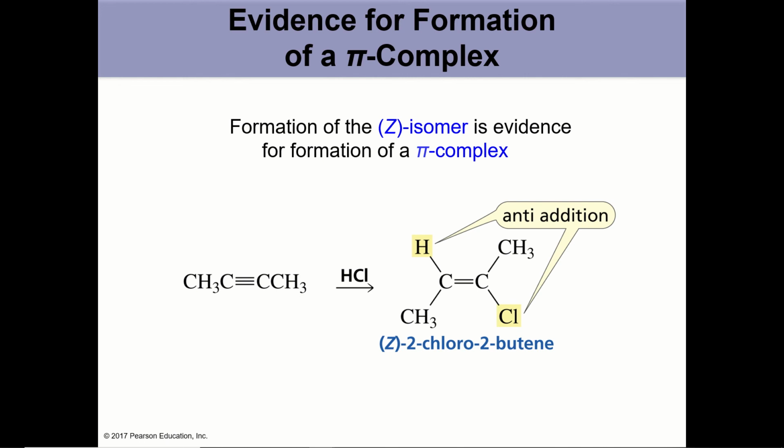If the carbons are equally substituted, then there's no difference where the H is added versus the Cl. If the carbons are unequally substituted, that will be a different story. The only time that we have an unequally substituted alkyne is as an internal alkyne versus a terminal alkyne.